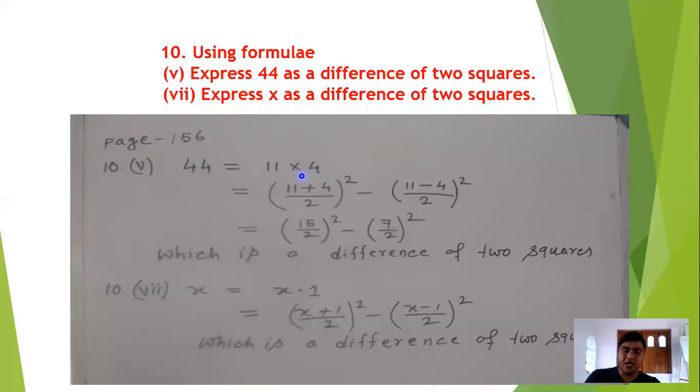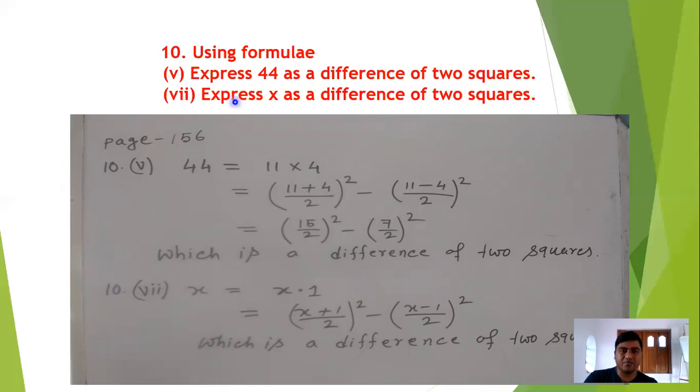The formula of AB is A plus B by 2 whole square minus A minus B by 2 whole square. So 11 plus 4 divided by 2 whole square minus 11 minus 4 by 2 whole square. 11 plus 4 is 15, so this is 15 by 2 whole square minus 7 by 2 whole square, which is a difference of 2 squares.